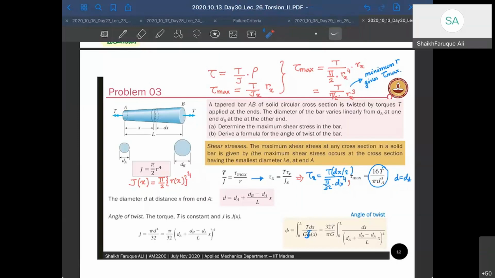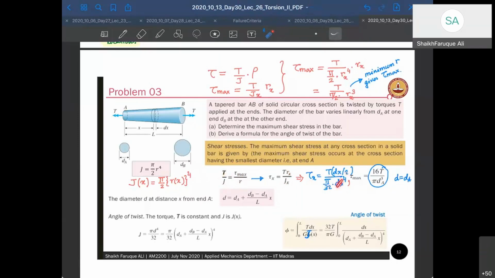T by J is tau max by R, and I have to find tau max, right? I know T. So this R and J will determine where your tau is max, because R and J both are changing with x, right? So we can write that tau x is equal to T into Rx by Jx. Now what is Rx? Rx is dx by 2, and Jx is pi by 32 dx to the 4, right?